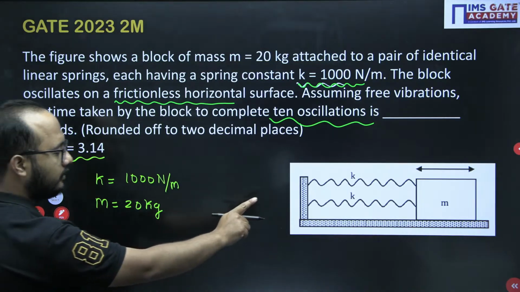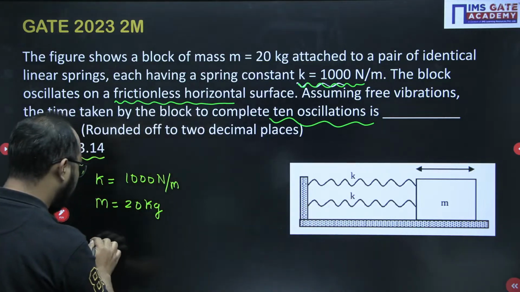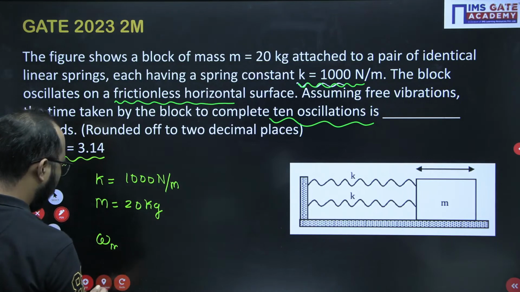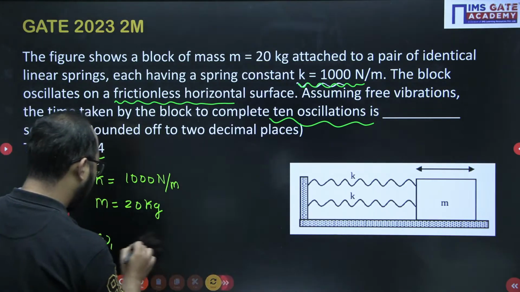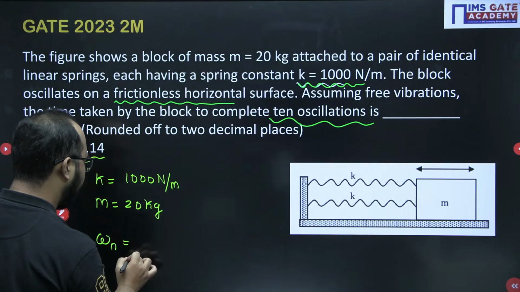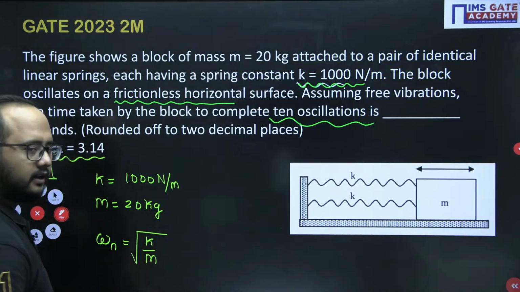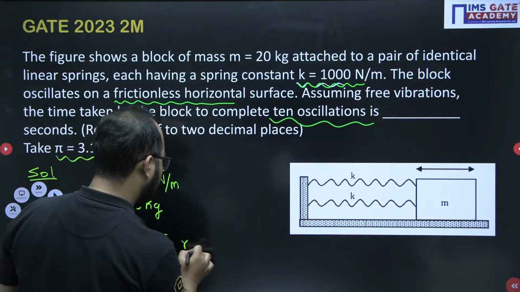Now for this free vibration, if you want to calculate the natural frequency omega n, how will you calculate it? There is a simple formula, omega n equals under root K by M. The unit is radian per second.